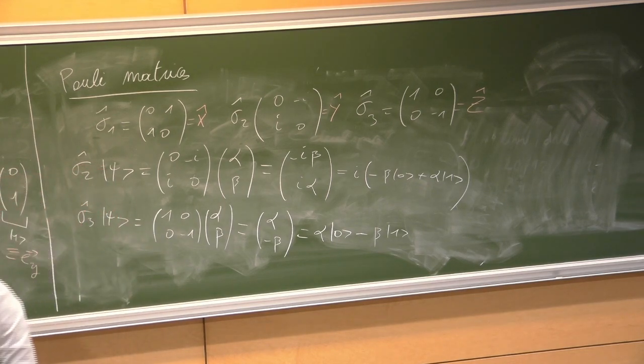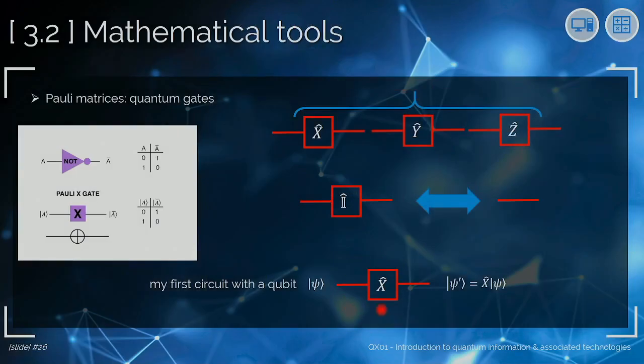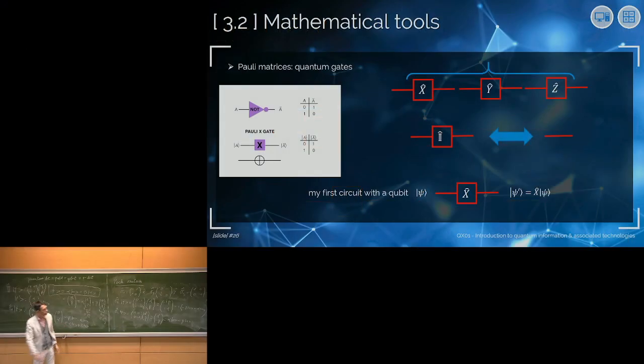The first quantum circuit, the easiest one, would be, okay, I have a qubit psi. I apply an X gate, which is the sigma 1 operator, the sigma 1 matrix, which is this one. And I end up with psi prime, which was, as we saw, just the inverted qubit state. So this is the simplest circuit you can think of, where you have an input, an output, and a quantum gate in between.